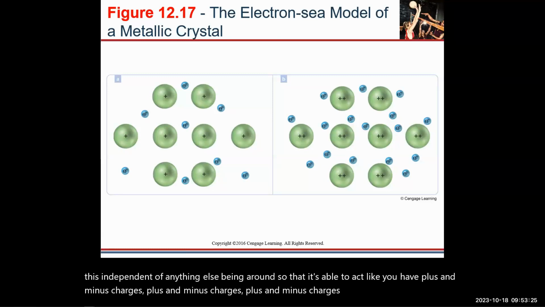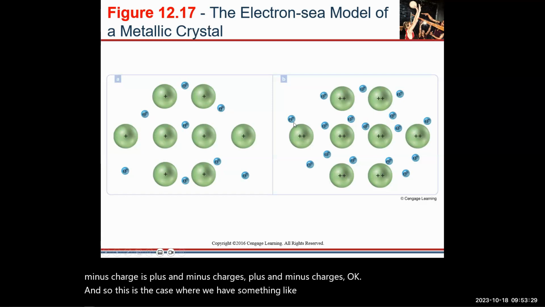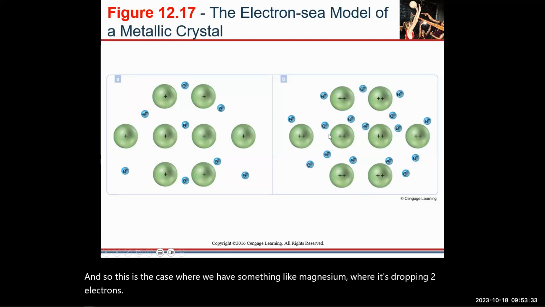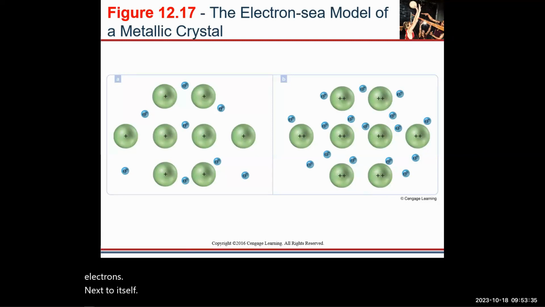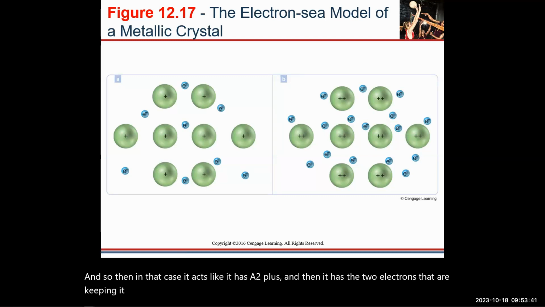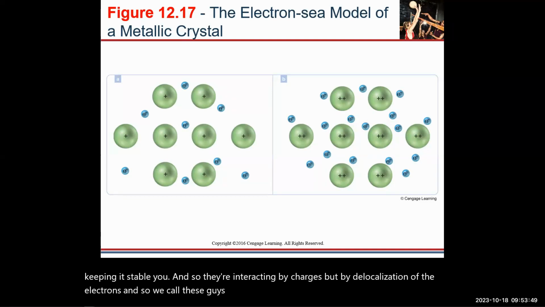Okay. And so this is the case where we have something like magnesium, where it's dropping two electrons next to itself. And so then in that case, it acts like it has a 2 plus, and then it has the two electrons that are keeping it stable. And so they're interacting by charges, but by delocalization of the electrons. And so we call these guys metallic bonds, and that's only between metals. A metal and a metal, they form a metallic bond.